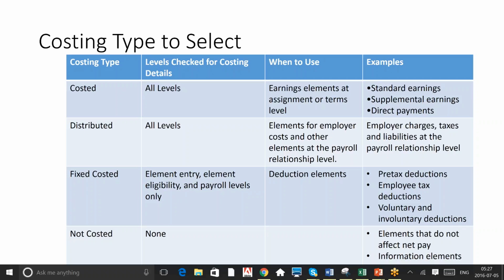That example that I gave, that sometimes we need to hold the net pay because the employee is not eligible for payment. So in that case, we create an information element to hold the balance and send the cost to a different account. So that could be an example of where we are using information element for the payment, but it's costed.